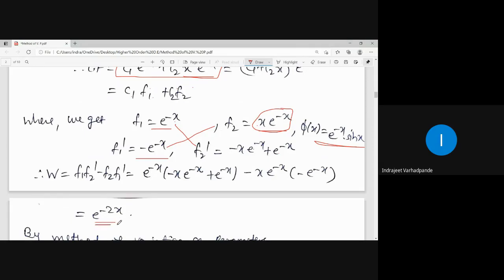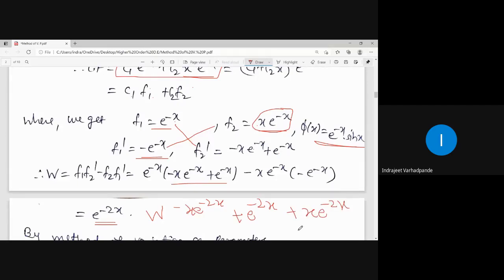You will be left with the simplified form of the Wronskian, f1 f2 dash minus f2 f1 dash. e to the power minus x into this bracket, minus x into e to the power x into this value, gives minus x e to the power minus 2x plus e to the power minus 2x minus x plus x into e to the power minus 2x.